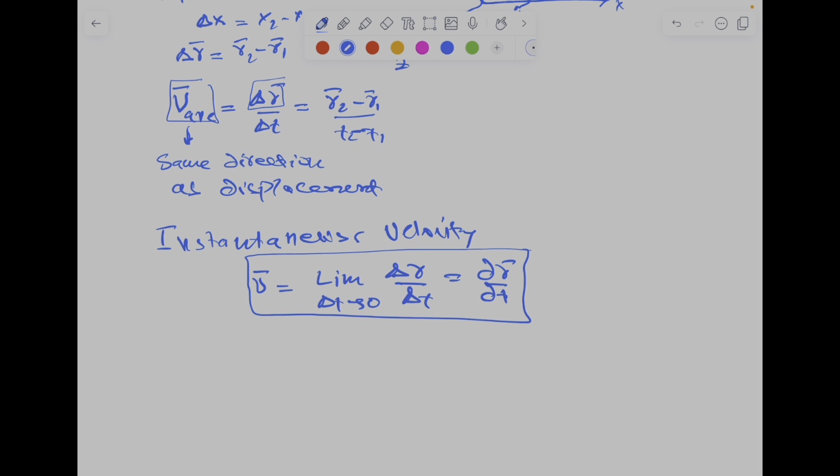So the direction of v at any instant is the tangent to the path.